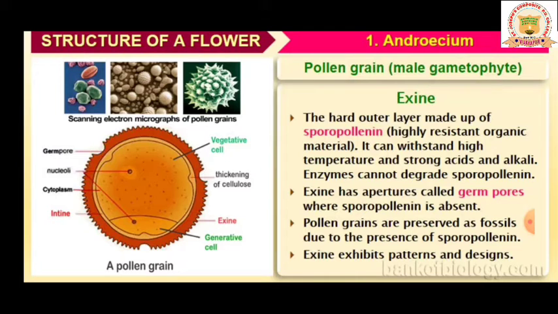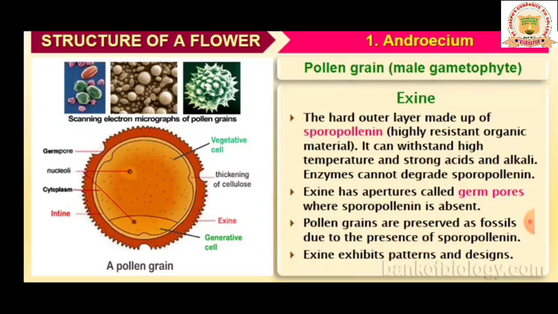So usually these pollen grains are kept in liquid nitrogen at a temperature of minus 196 degrees Celsius. It can withstand high temperature, strong acid and alkali because it is made up of highly resistant organic material, sporopollenin.